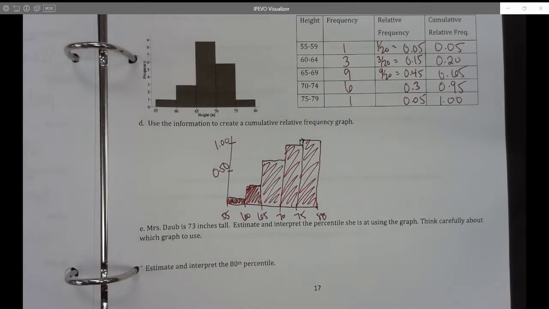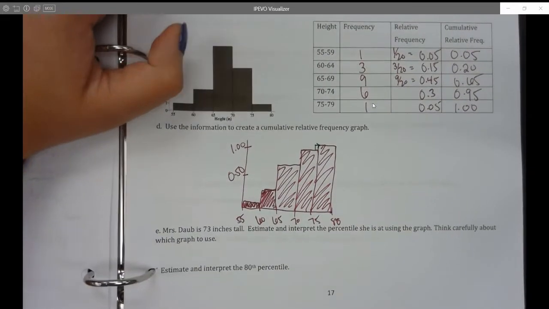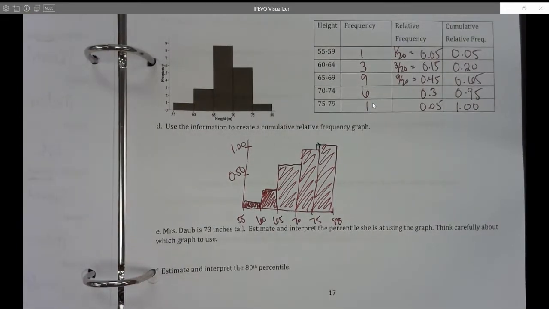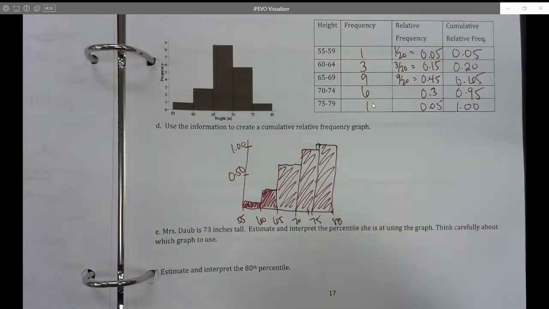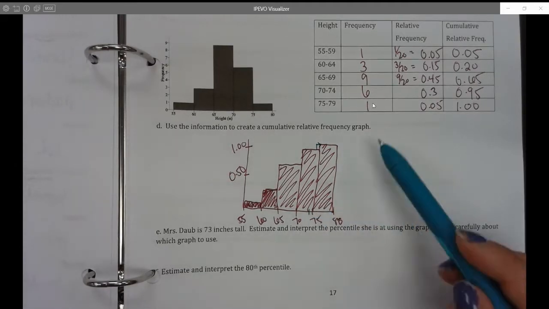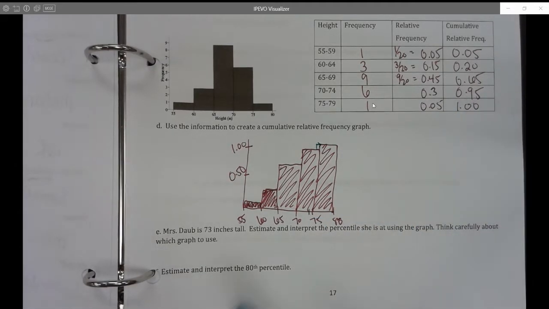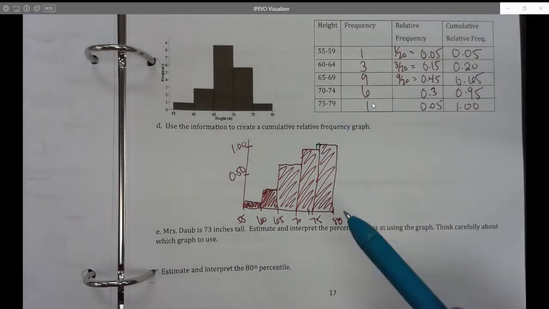Now, could we find my exact percentile using the data that's up here? Yes, we could, but I don't want to do that. I want to estimate. So let's say, for example, we are only given this graph. We need to estimate where I'm at. So 73 is somewhere right here-ish, and it's somewhere kind of in this range. Okay? It's not exactly 75, so I can't say that it's exactly at this 95th percentile, but I will say that it's probably pretty close. Okay?